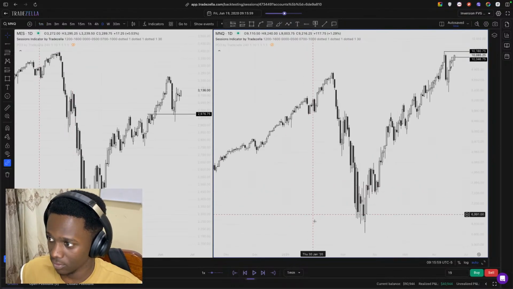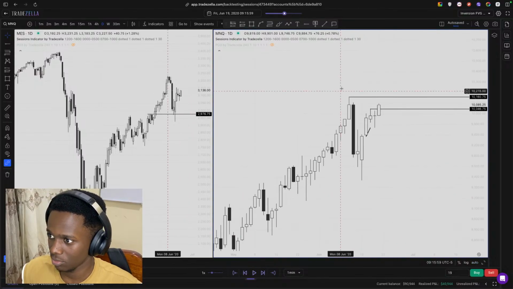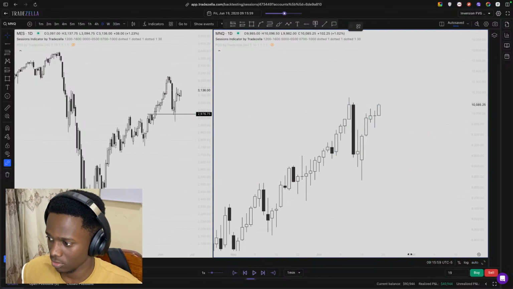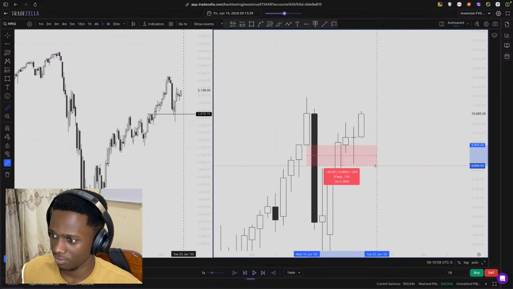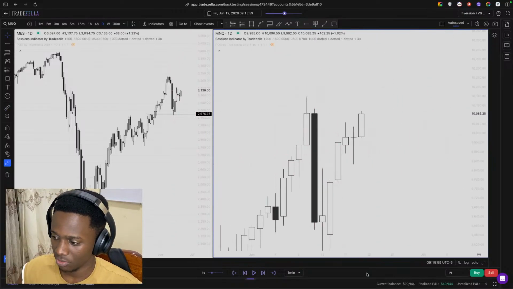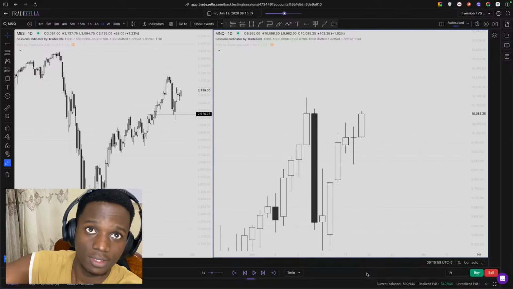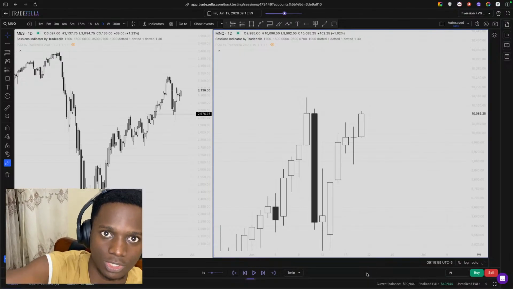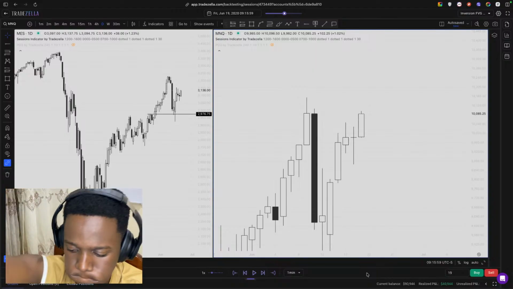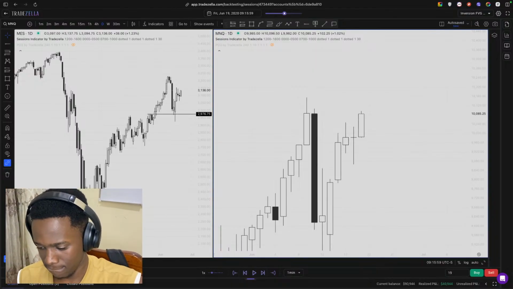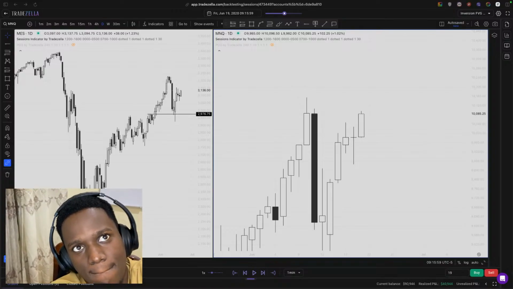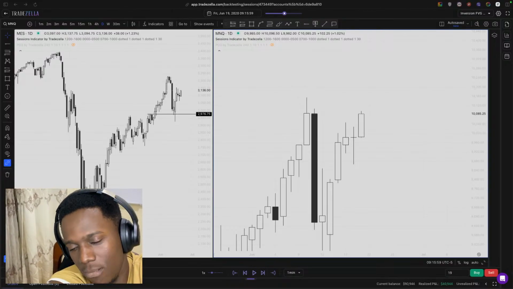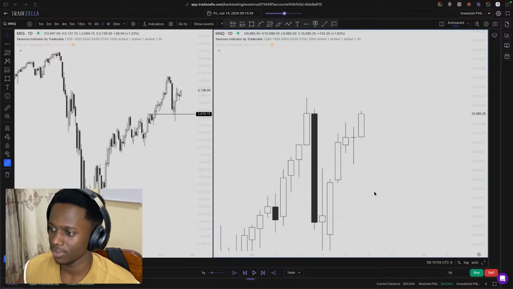So let's do the analysis here on the daily and see where price heads to. Good weekly daily inversion. Give me a second to chart this. Right, there we go.